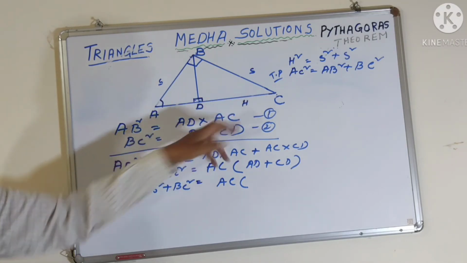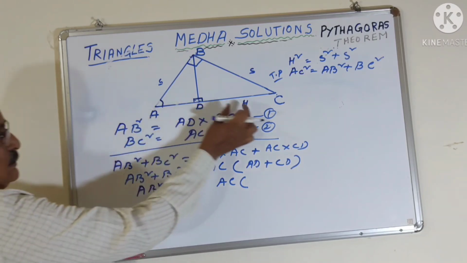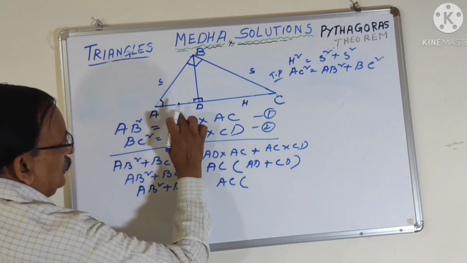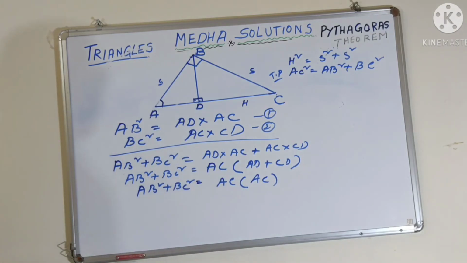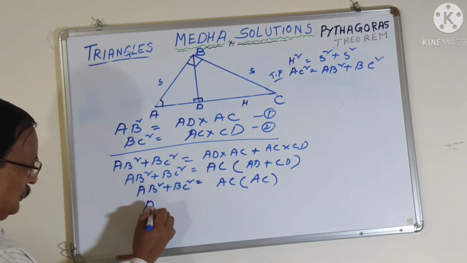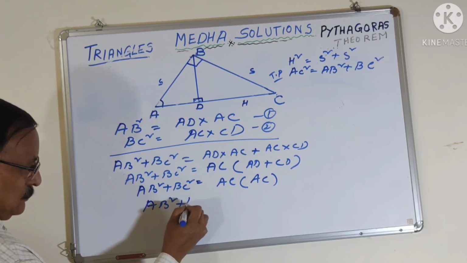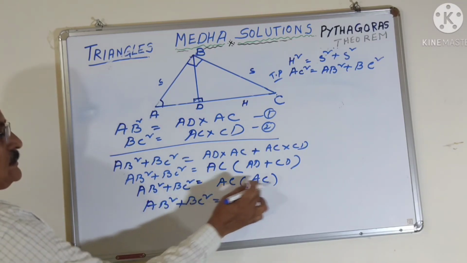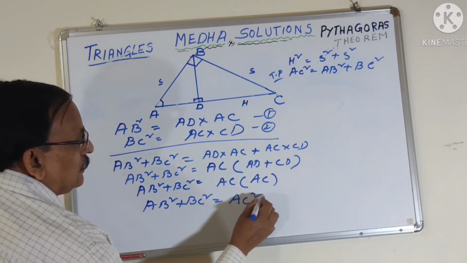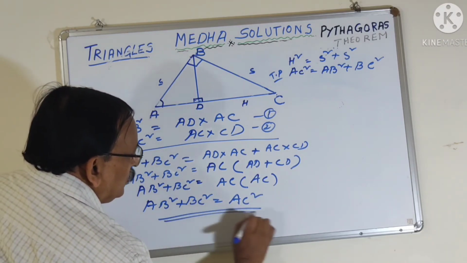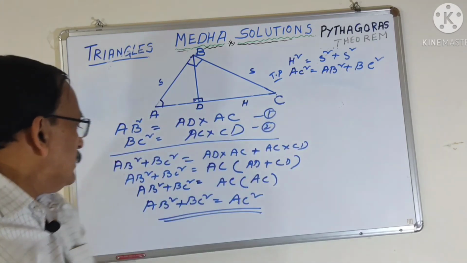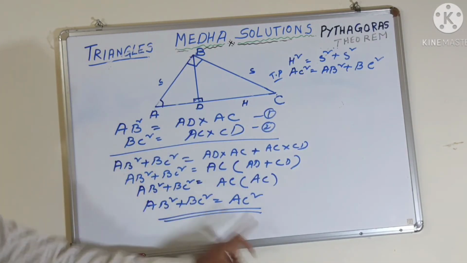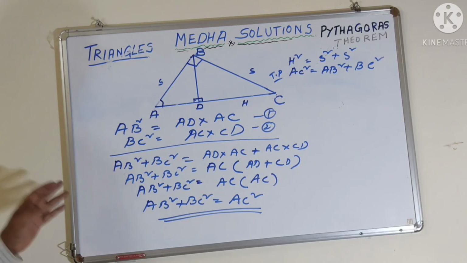AD plus CD, which side is it? This part and this part we are adding, so it is called AC. Our AD plus CD is equal to AC. Now AB square plus BC square is equal to AC into AC, AC square. This we proved. Here also to prove is AC square is equal to AB square plus BC square. So AB square plus BC square is equal to AC square. This is the proof of the Pythagoras theorem.